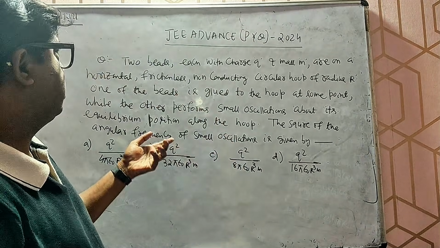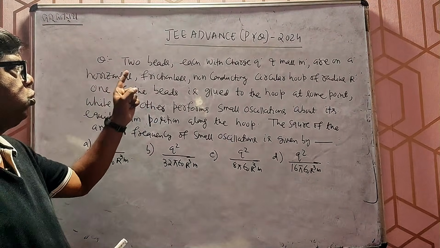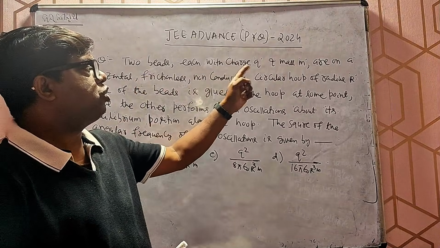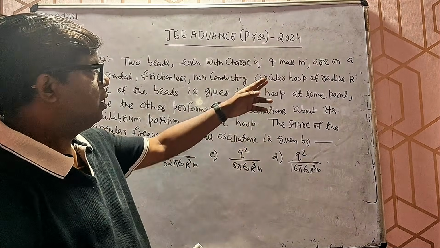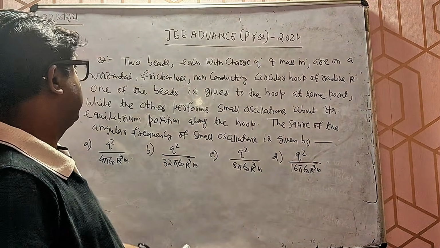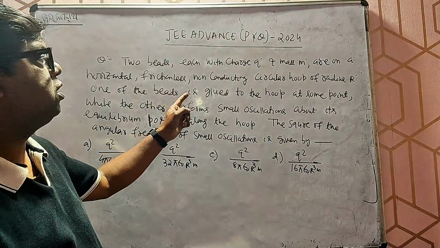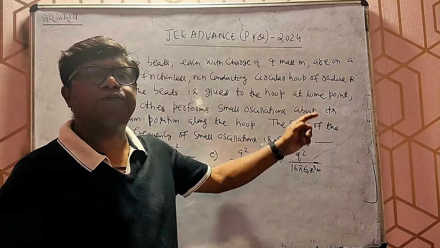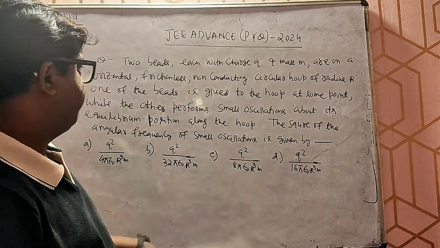The question is: two beads, each with charge small q and mass small m, are on a horizontal frictionless non-conducting circular hoop of radius r.